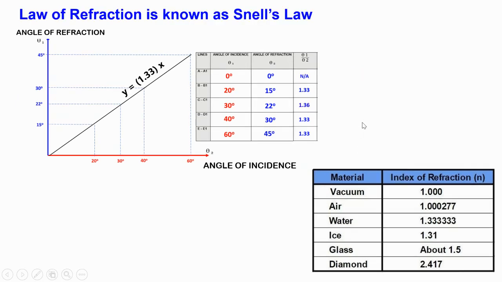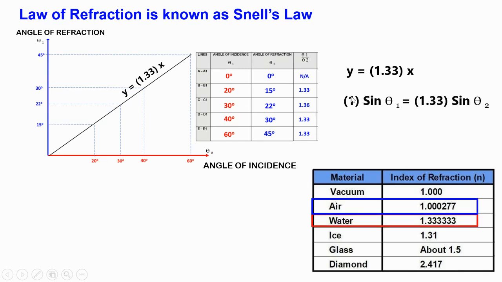Okay, so what else can we conclude from this lab? We have this relationship here: y is equal to 1.33x. Our y is the angle of refraction and our x is the angle of incidence. So we can find a relationship with a trig function that will be something like this.